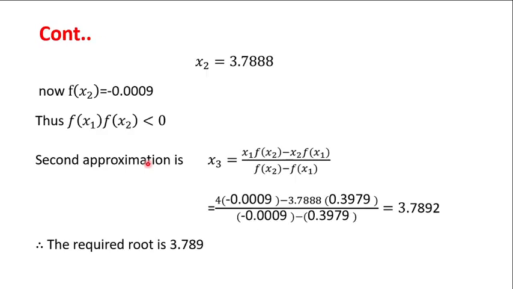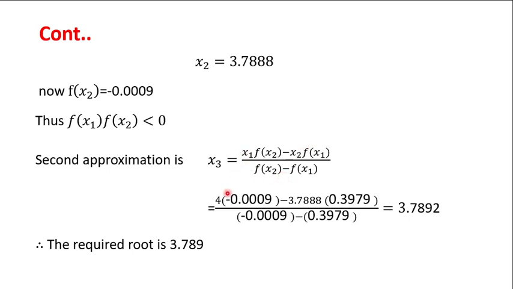Hence, the root lies between x1 and x2 because the product of f of x1 and f of x2 is less than 0. Therefore, the next approximation x3 can be written as x1 into f of x2 minus x2 into f of x1, divided by f of x2 minus f of x1. Again, substitute the values in the numerator and denominator.